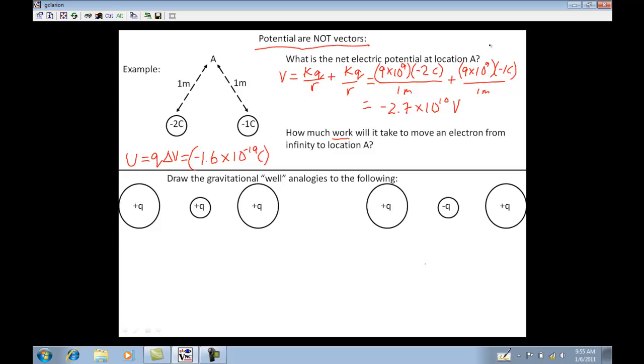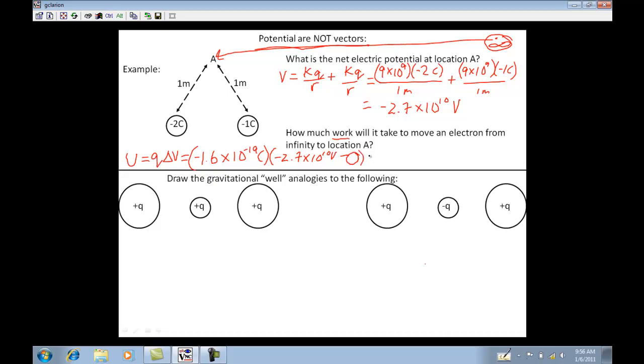So if I had an electron way, way out here, considered infinity, and I moved it over to this point here, my final position, the potential would be what value? Negative 2.7 times 10 to the 10th volts. And I'm going to subtract the potential way out at infinity, which is 0.